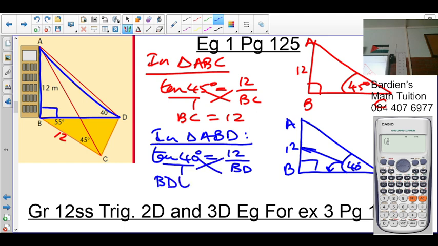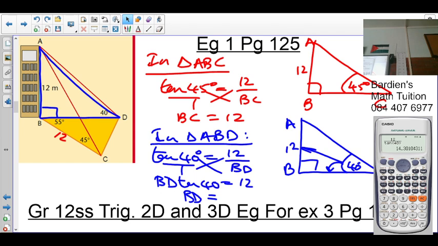So, BD tan 40 is equal to 12. So, BD is equal to 12 over tan 40. 12 over tan 40 gives me 14.3. Is that correct? 14.3 meters, whatever. This here is 14.3.